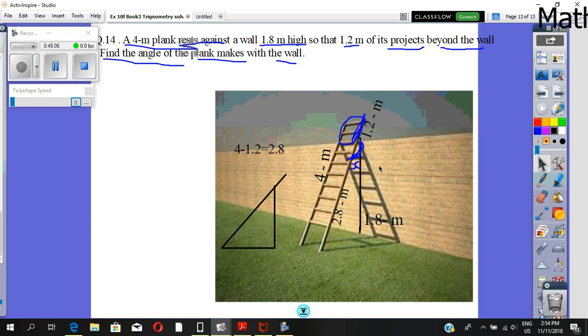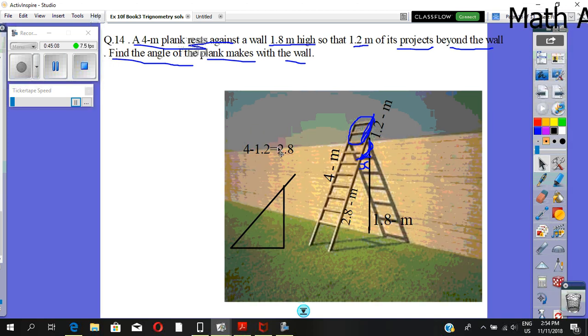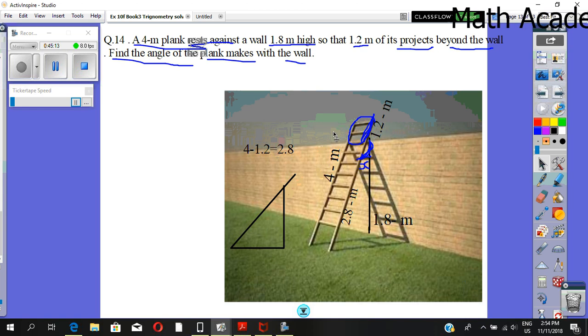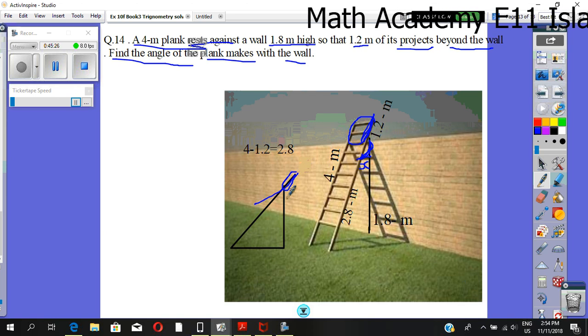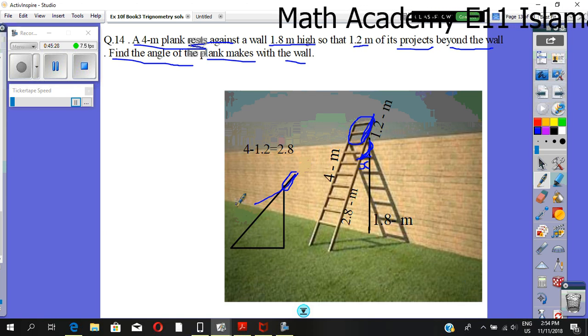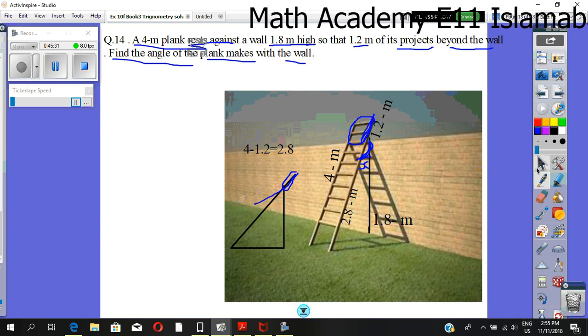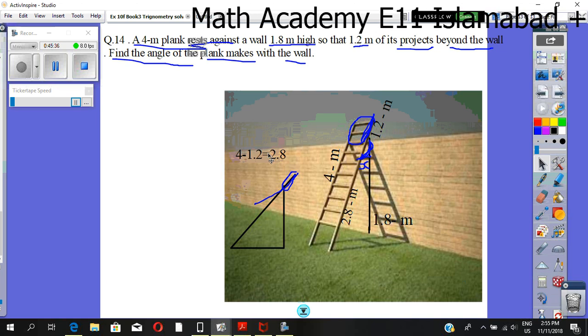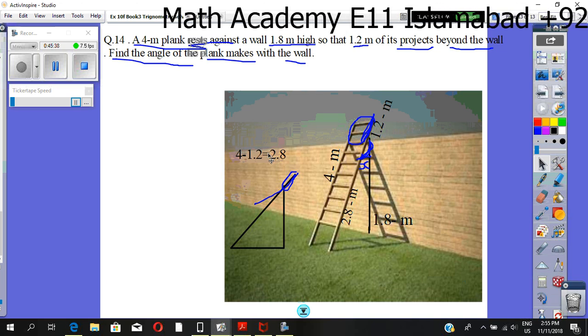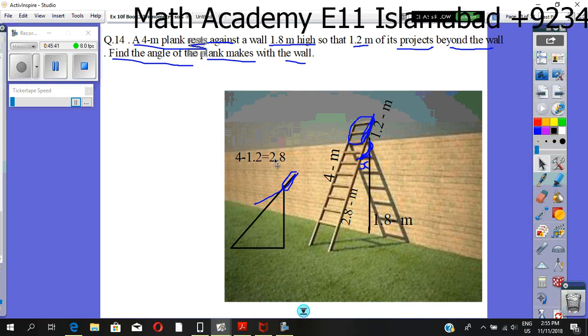If the total length is 4 meters, and this point, which one is the projected part? This one is, let's say, 1.2, and the total is 4. Then the length of the plank along the wall, after subtracting the projecting part, gives us 2.8.